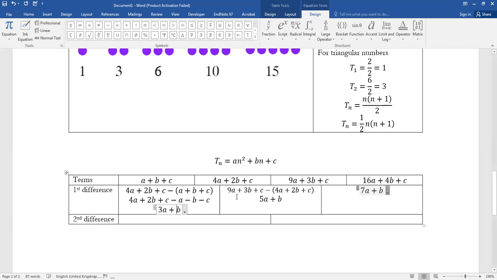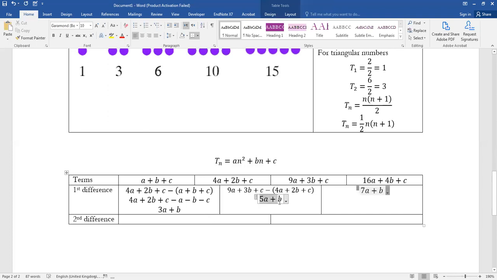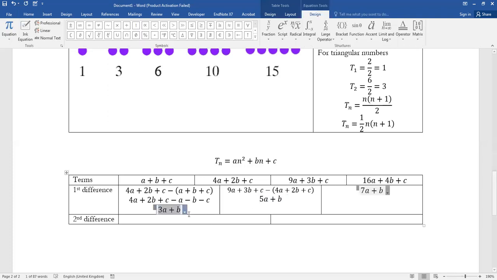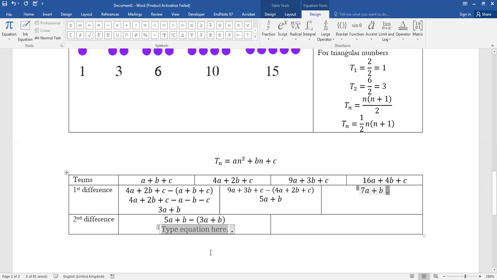Now, what if you subtract the differences? The difference of the difference, or let's call it the second difference. I'm subtracting the first difference from the next one. So 5a plus b minus 3a plus b. So what should I get? The b's cancel out. 5a plus b minus 3a minus b.